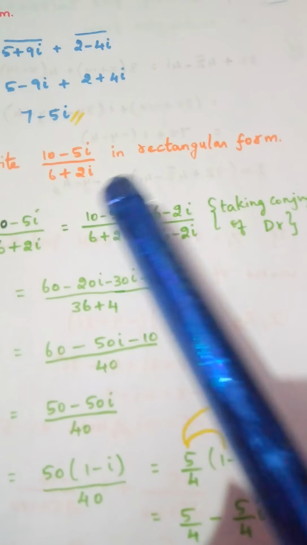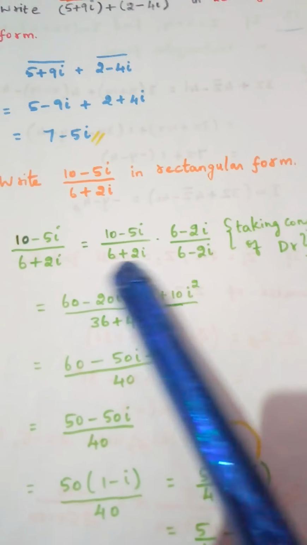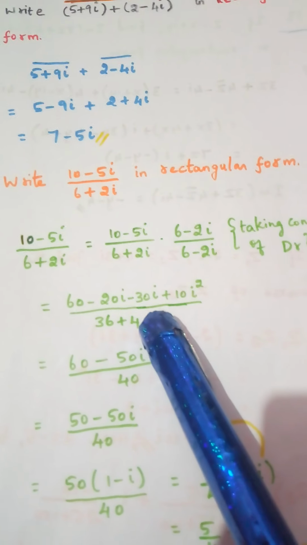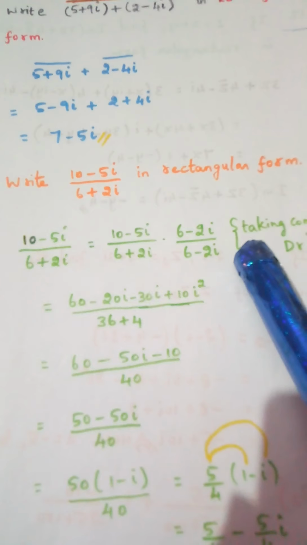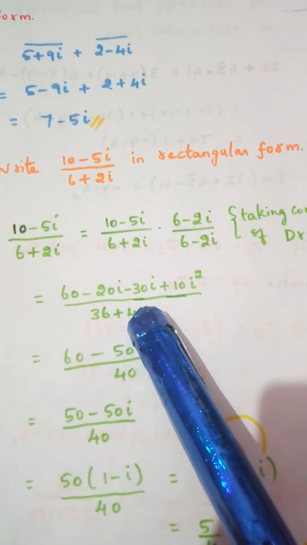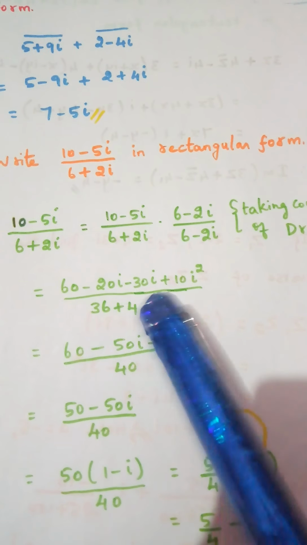Again I repeat, the numerator is actual multiplication. Even for the denominator, you can actually multiply and see. Definitely you will get this value, that is 36 plus 4. Or even we can use the formula a plus ib into a minus ib is equal to a square plus b square. A is the real part, b is the imaginary part. So squaring the real part and squaring the imaginary part and adding.